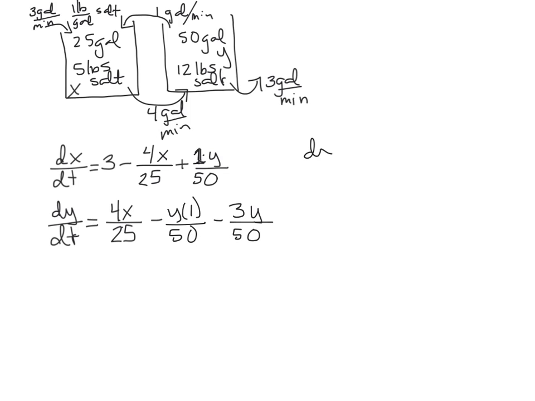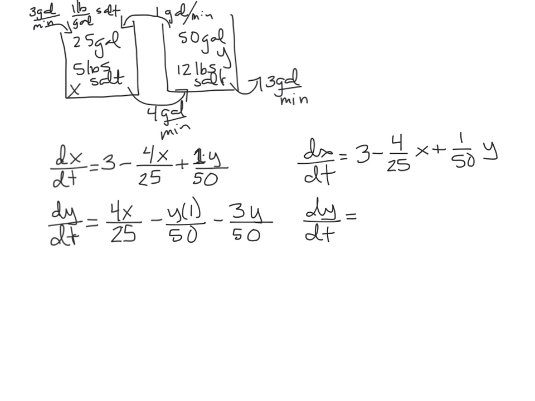All right, simplifying things here, dx/dt is going to equal 3 minus 4/25 x plus 1/50 y, and dy/dt is equal to 4/25 x minus 4/50 y. I could simplify that fraction a little bit too, but that's okay.